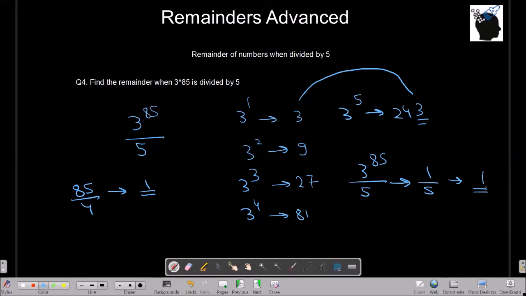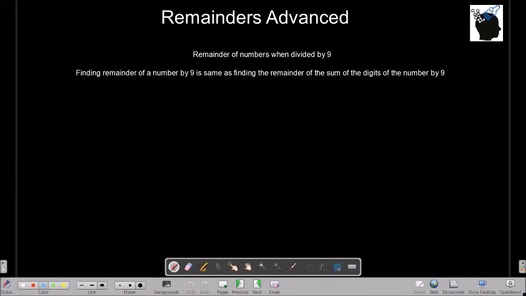Now let's see how to find remainders of numbers when divided by 9. Now this is very similar to what you have done in case of 3. To find the remainder of a number by 9, it is the same as finding the remainder of the sum of the digits by 9. Let's take an example. Let's say the number is 12345 and we have to find the remainder of this number by 9.